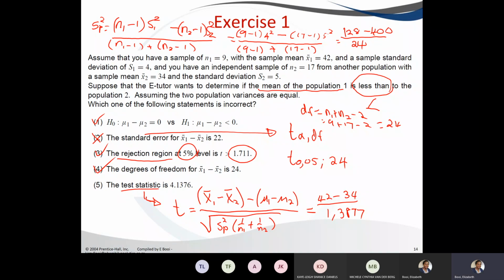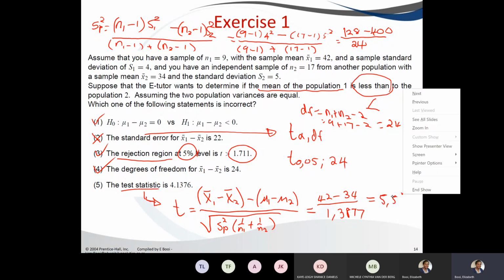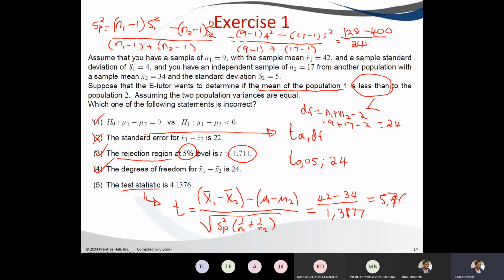42 minus 34, divide by 1.3877. 5.56. 5.76.